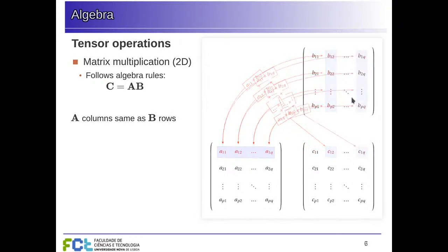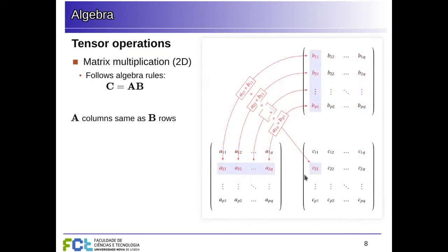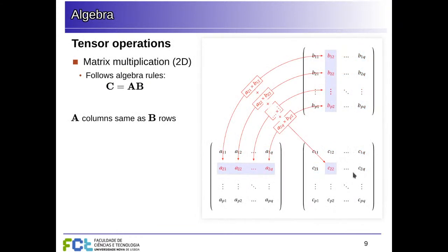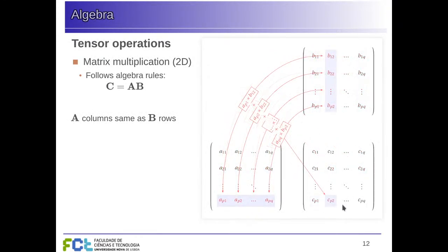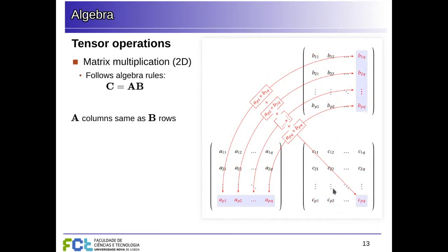And then we keep repeating this for each row of A and each column of B, and we do this operation in order to compute all the values of matrix C. So this is the basic rule of matrix multiplication in algebra. I'm sure you already know this, so just to remind you.